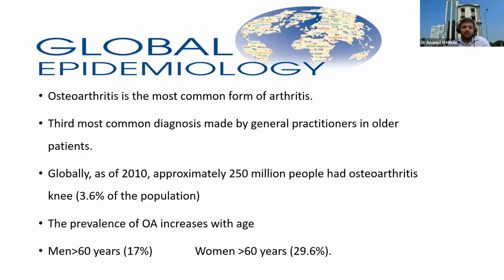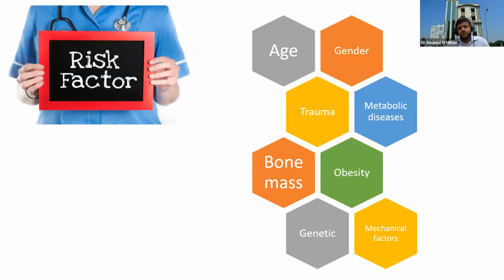29.6%, because of a lot of causes like weight, and some systemic causes like diabetes mellitus, or, especially in the female, changes of the hormones. So each and everything just accelerates the decrease or degeneration of the hyaline cartilage.